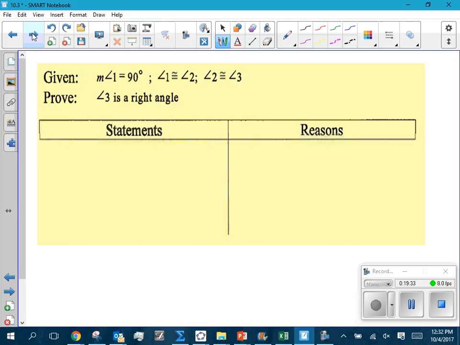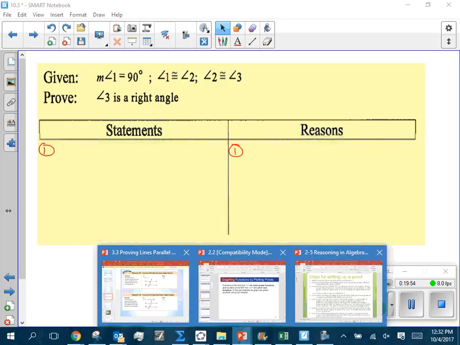A lot of times, and you're going to see this, especially when we get to chapters 3 and 4, we can go through a plan, a set of steps. And I showed you this set of steps yesterday in the PowerPoint.